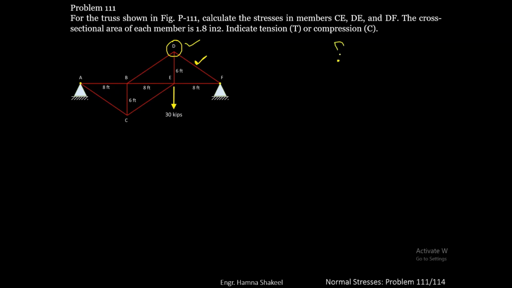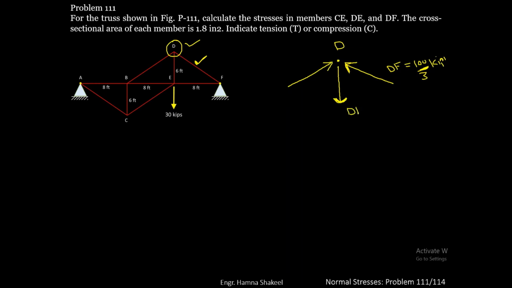So this is joint D. We have already established that the force in member DF is compressive. That means that it is towards the joint and the magnitude is 100 by 3 kips. So I am going to guess that the force in member DE is downward or away from the joint, and the force in member BD is towards the joint or compressive.